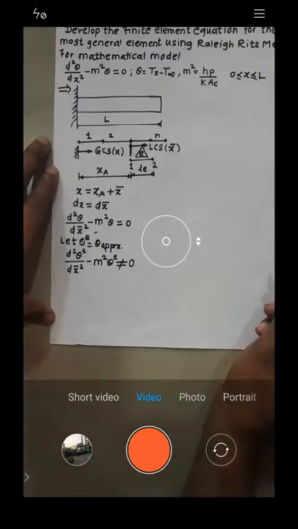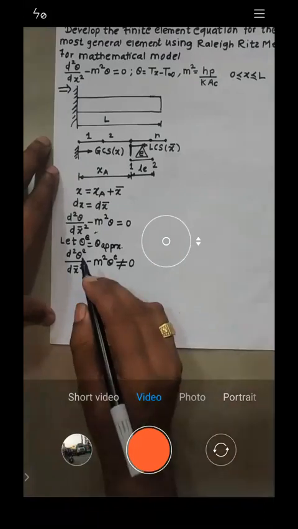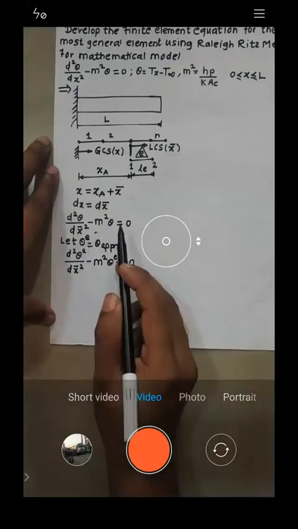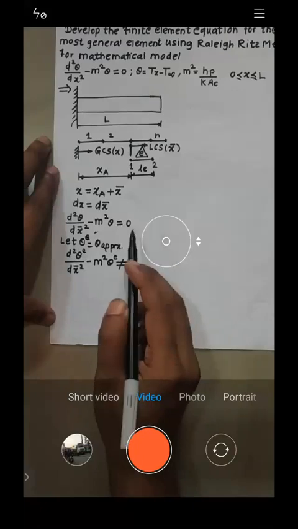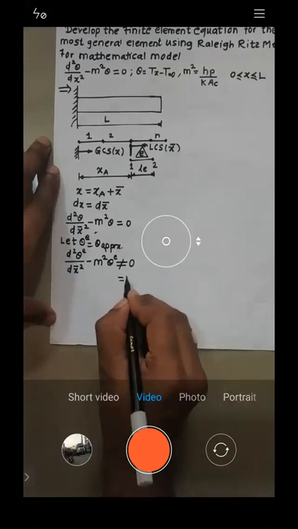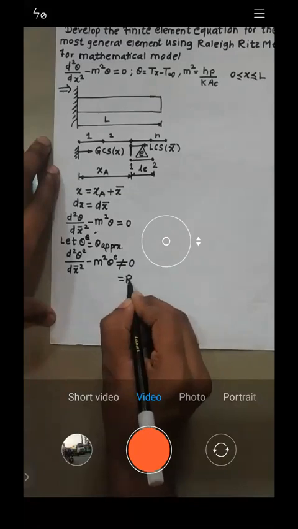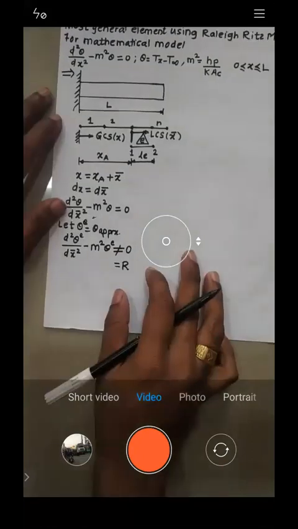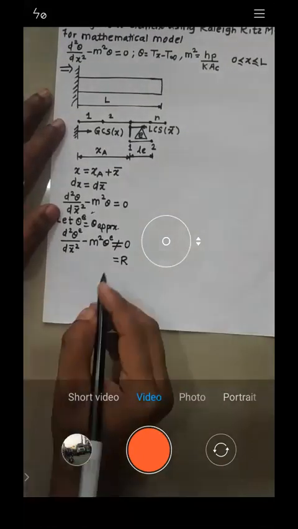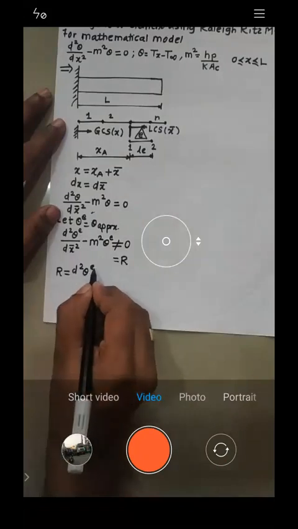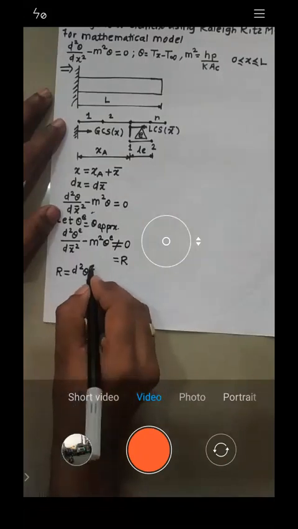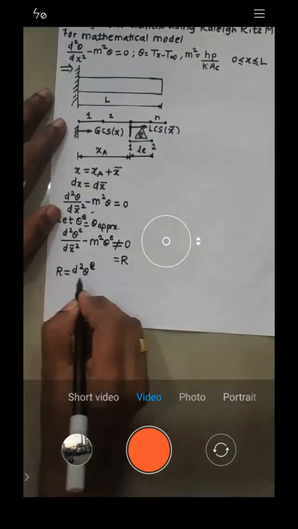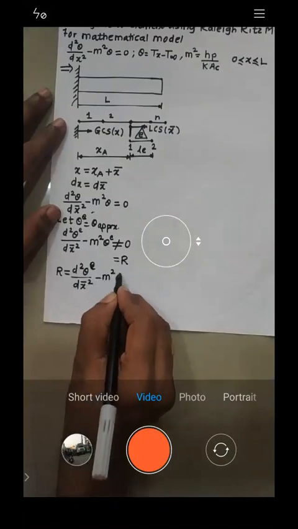As theta is approximate, the right side will not be equal to 0. That means there will be some error, and I will call that error the residue. The residue is given by d square theta e upon dx bar square minus m square theta e. So this is the value of the residue. Understood?